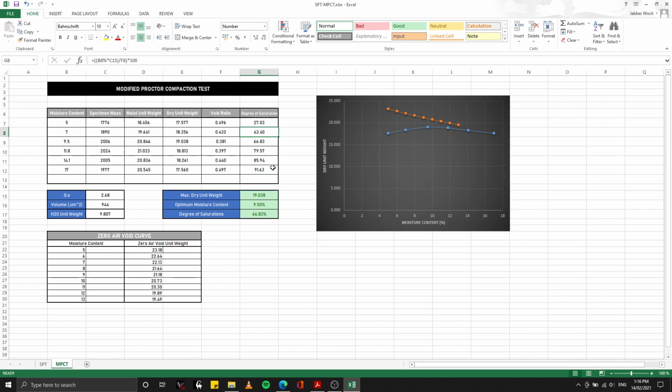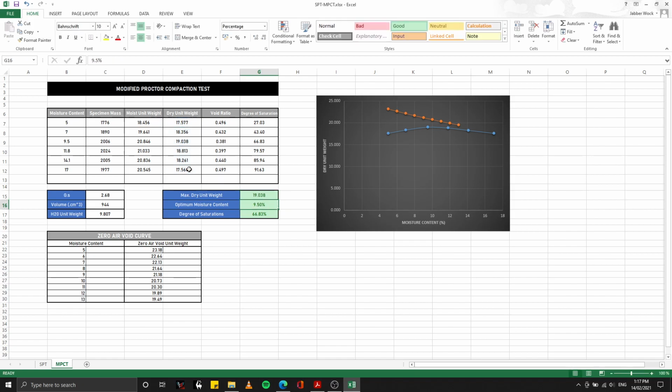Okay, at this point, pwede na natin agad makuha ang ating max dry unit weight. Para makuha ang ating max dry unit weight, ang gagawin lang natin is again, yung ginawa natin sa ating standard Proctor test using the function max. Then, ang ating gagamitin na values for the max is ang dry unit weight.